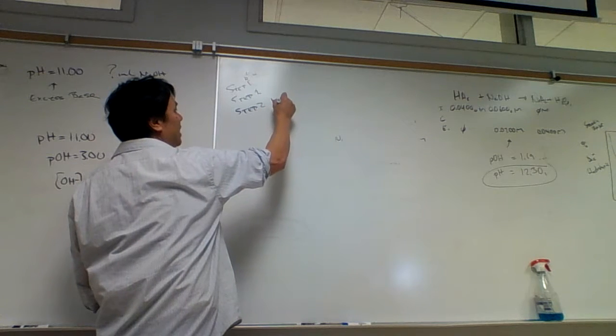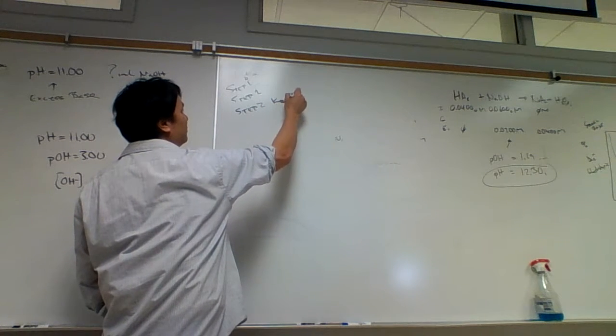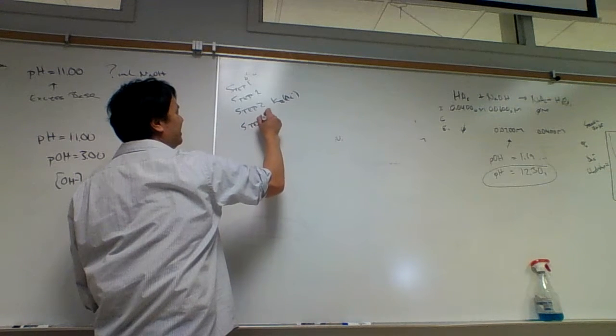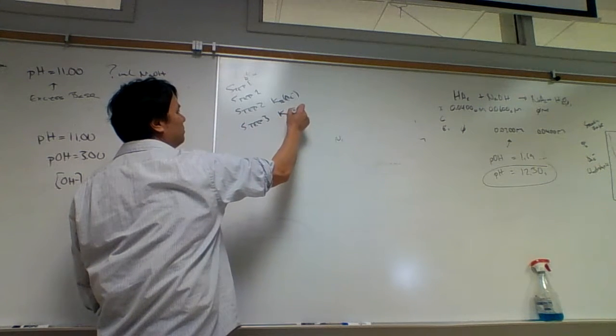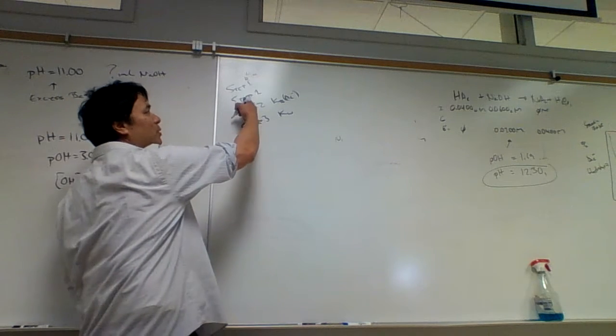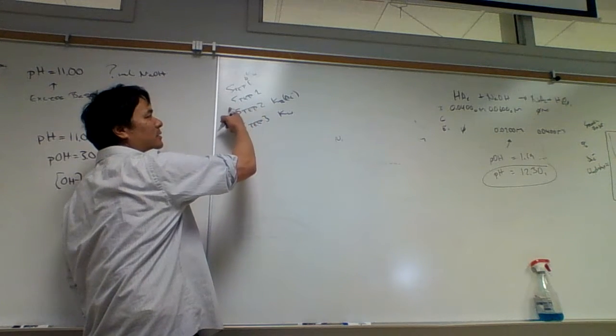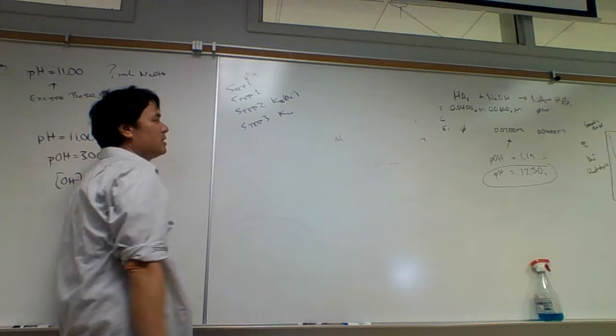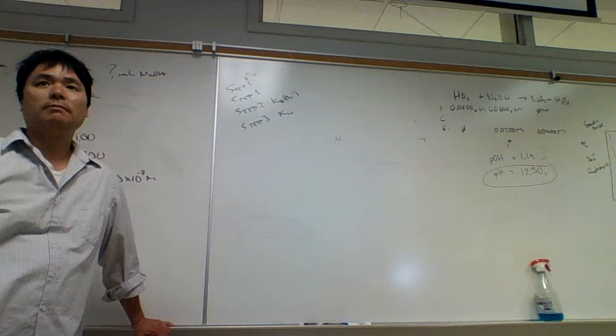Step 2 would be Kb for acetate. And then I have step 3, which would be Kw for water. And so after step 1, I get hydroxide and acetate, strong base, weak base. And then I do step 2, Kb for acetate, and step 3, Kw.